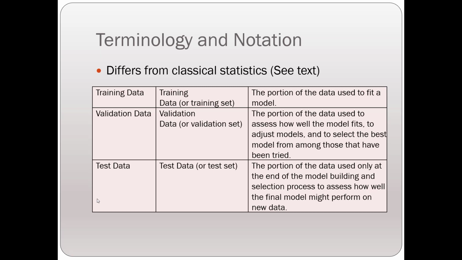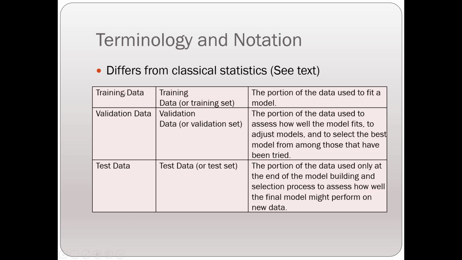The same data is used for both. But in a big data environment, when we have plenty of data, we separate the data randomly into what is called training data, validation data, and then sometimes if needed, test data. Test data is not always separated out. There will always be training data and validation data, but in certain instances, you may want test data as well.